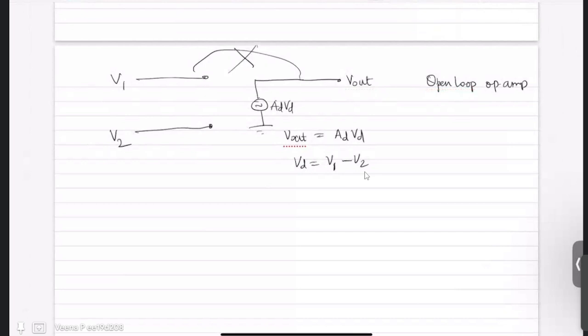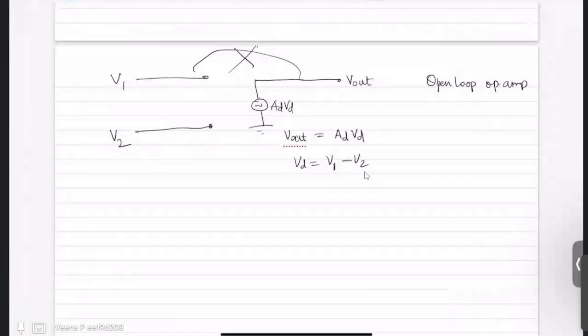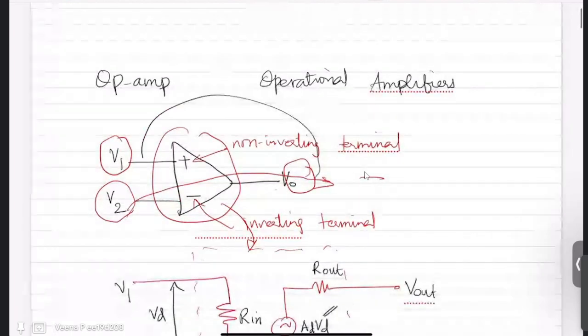Now, when you make an electrical connection between the output and input, you have a feedback system. So, feedback systems can be positive feedback or negative feedback. Now, positive feedback means you are taking a part of the output and connecting to the positive terminal of your input, which is your non-inverting terminal.